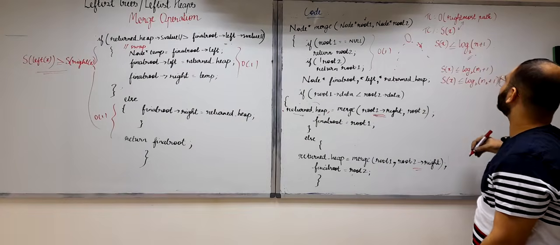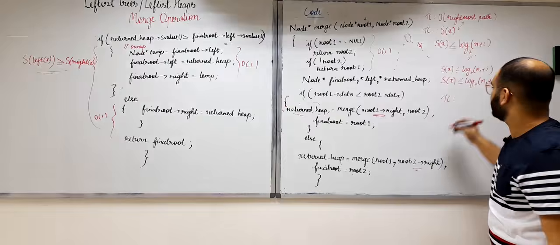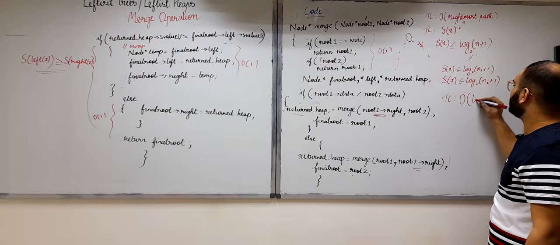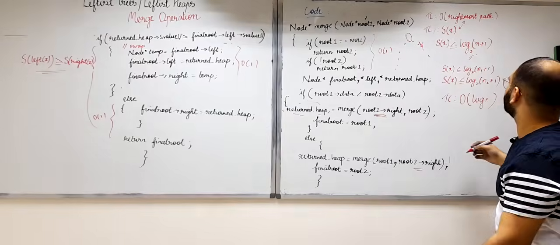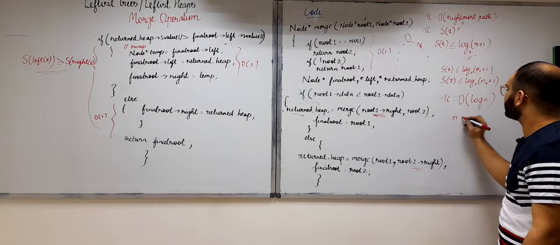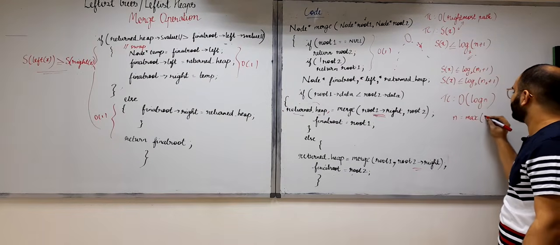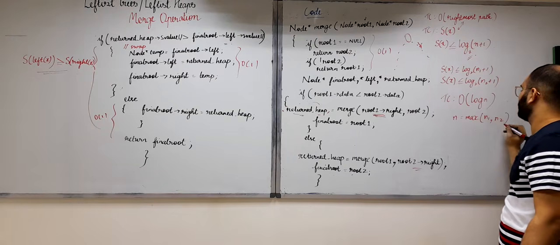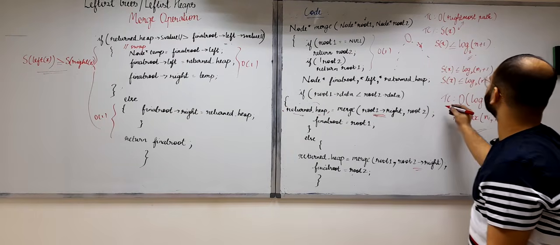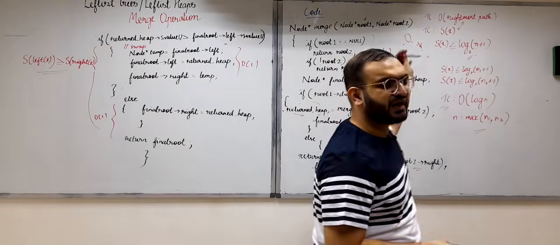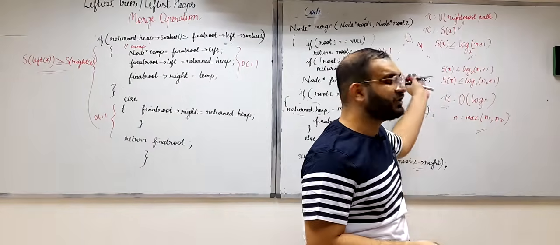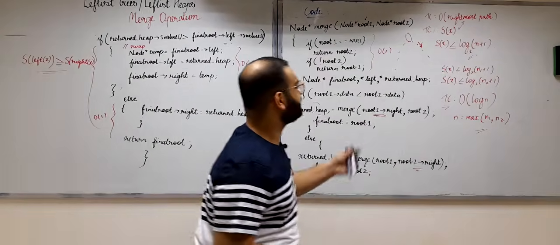So basically the time complexity will come out as order of log n, where n is the maximum of n1 and n2, because we are just traversing the rightmost path of the leftist heaps. So this will be the time complexity.